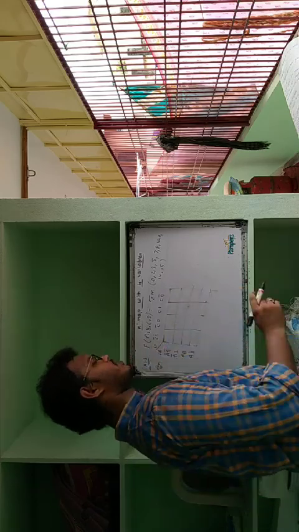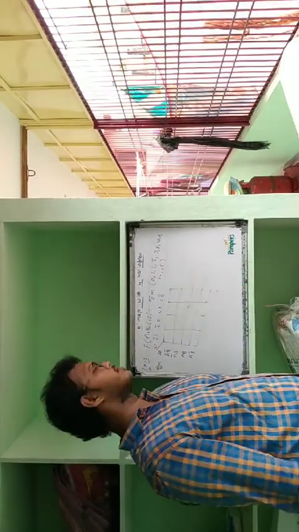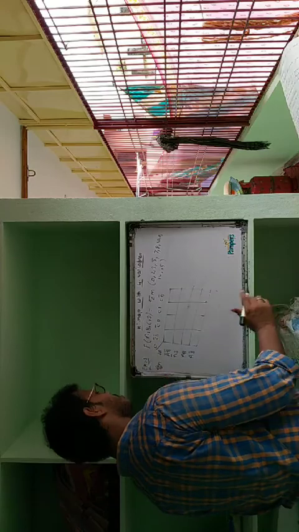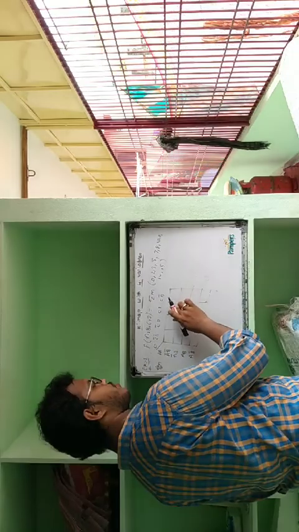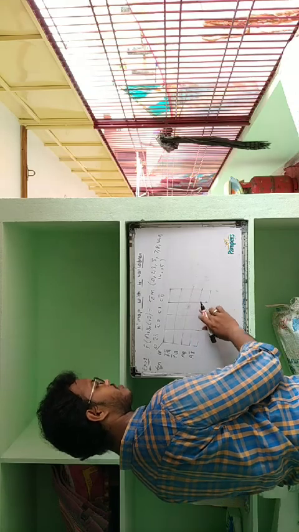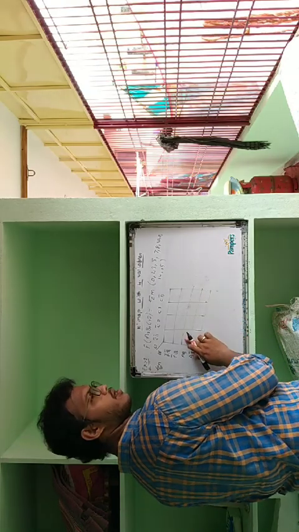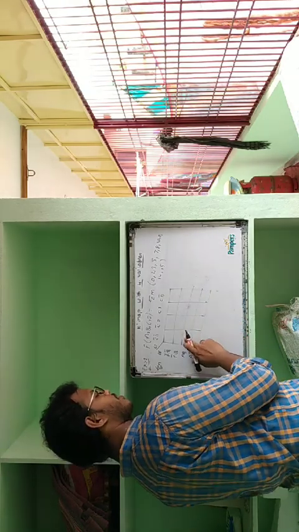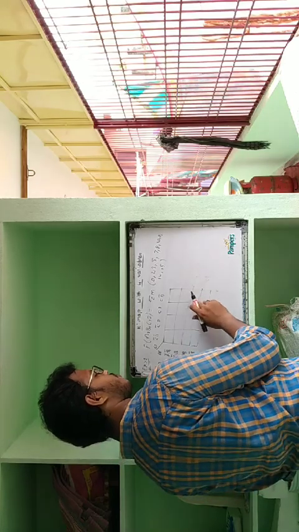So we made a table of 16 cells. So this is M0, M1, M2, M3, M4, M5, M6, M7, M8, M9, M10, M11. This is M12, M13, M14, M15.